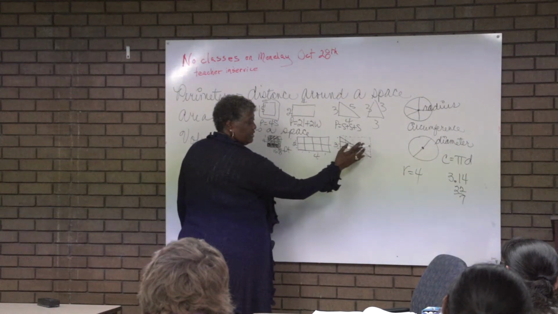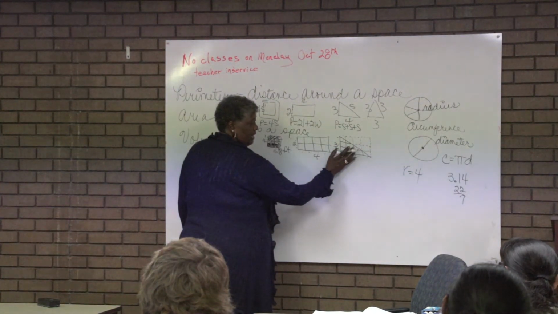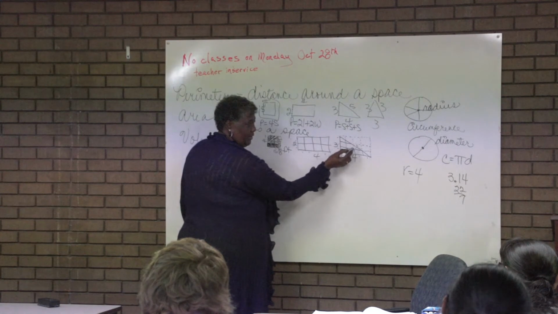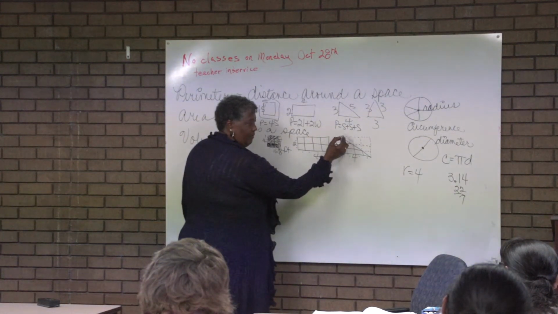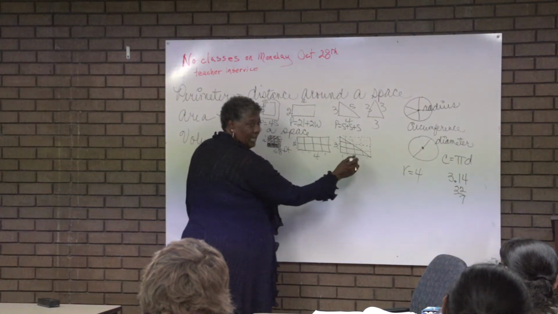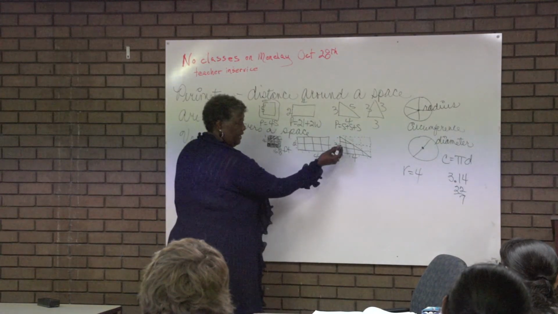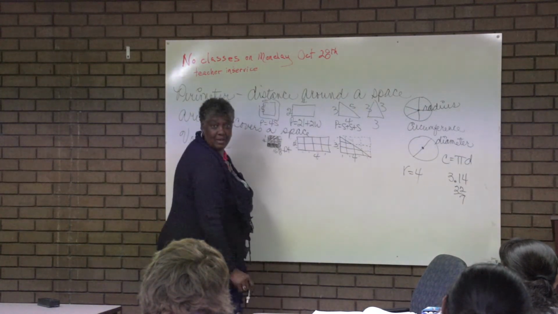If I added all these together, that'd be 4 times 3 is 12, but I don't have this other half. So if I multiplied 3 times 4, 12, and took half of it, I'd have the area of just this half of that rectangle, right?